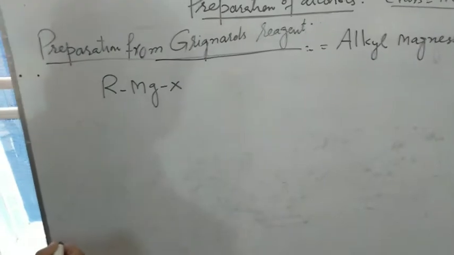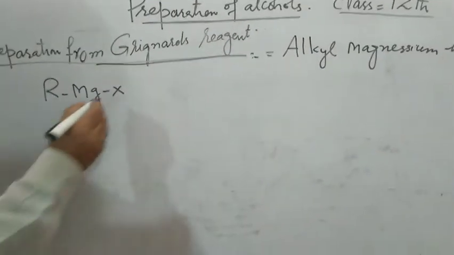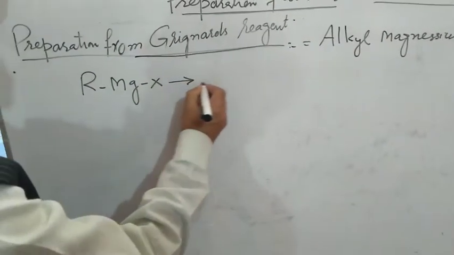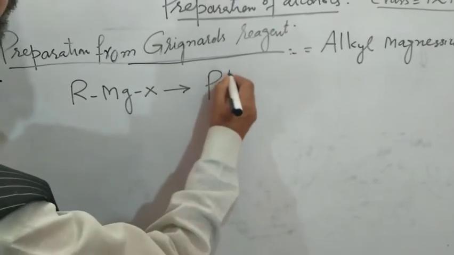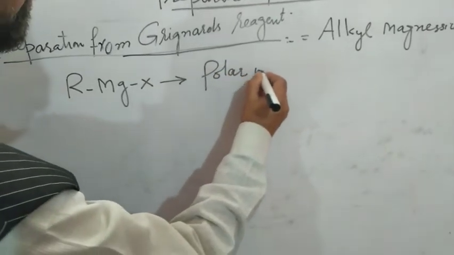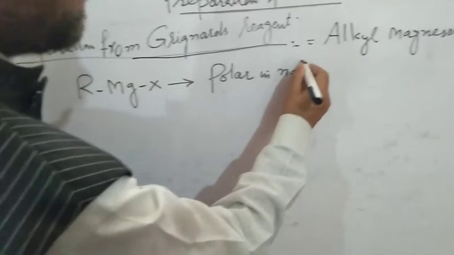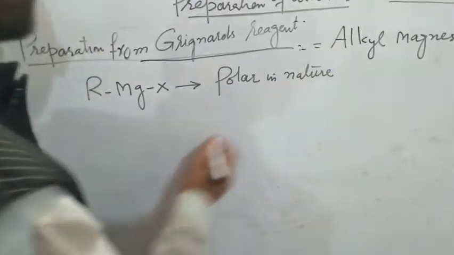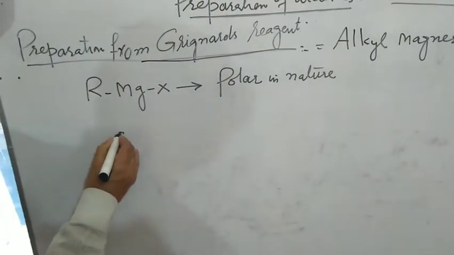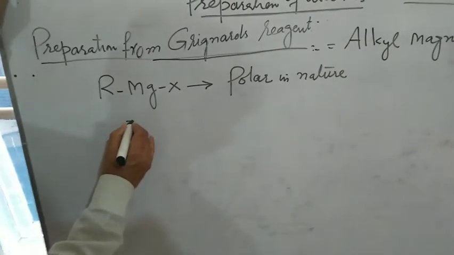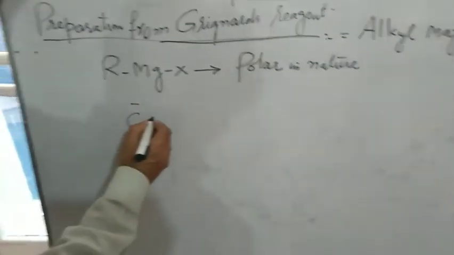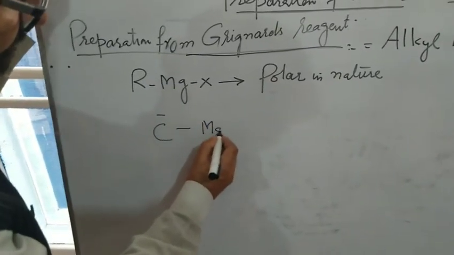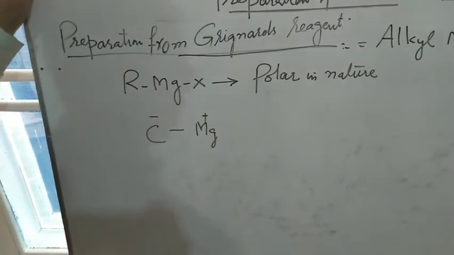Now you know this Grignard's reagent is polar in nature, because this carbon of the alkyl group is electronegative as compared to this magnesium, which is electropositive.